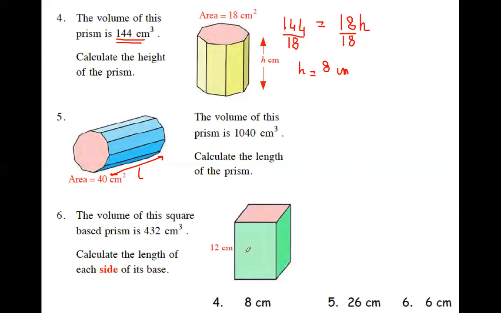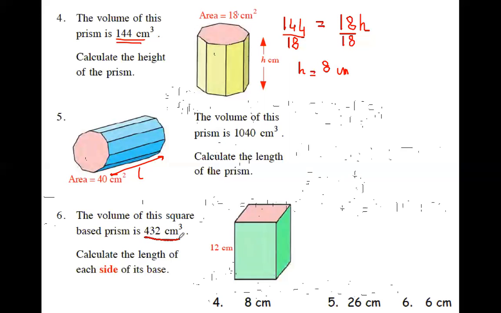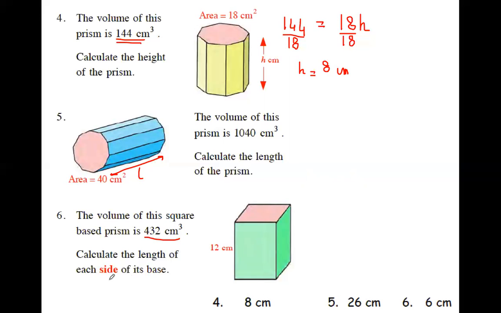And the last one, I've got a volume, and this one is a square base. Calculate the length of each side of its base. Okay. So I need to find, so 12 times my area is 432.